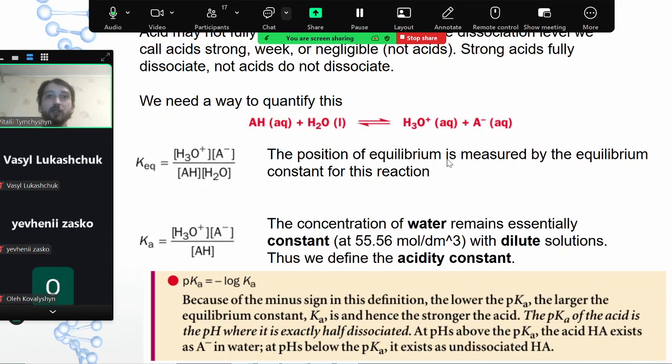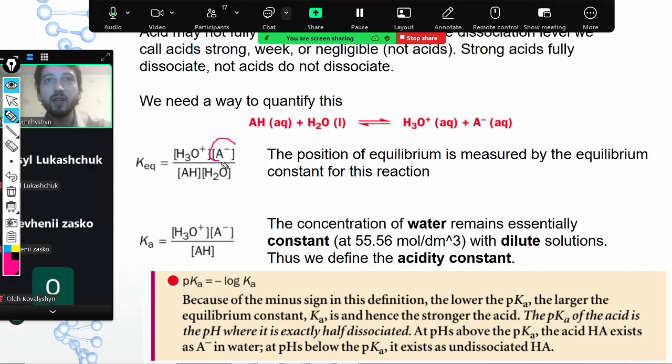We are measuring concentrations in moles per liter. So that's basically why this question is a bit tricky. These brackets mean concentration, but this is concentration measured in moles per liter.